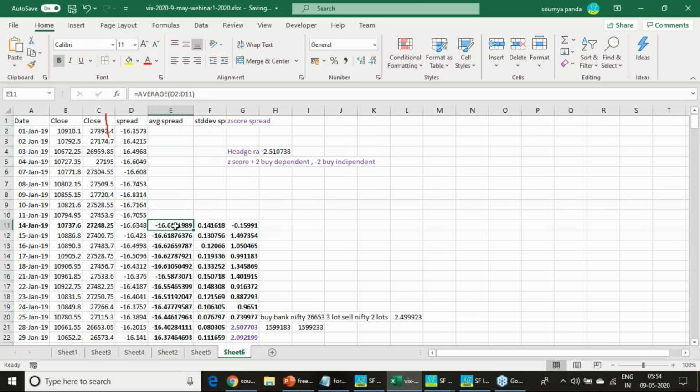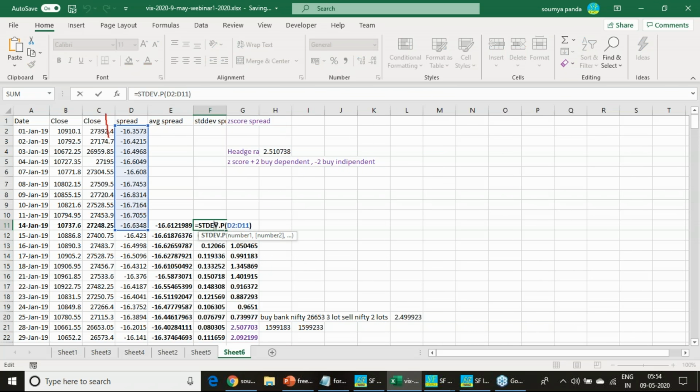Then I am calculating the average spread, the past 10 days average spread, then the standard deviation of the spread. This is another part required. Then the Z score: the actual spread minus the average spread divided by the standard deviation. So this gives you the Z score.